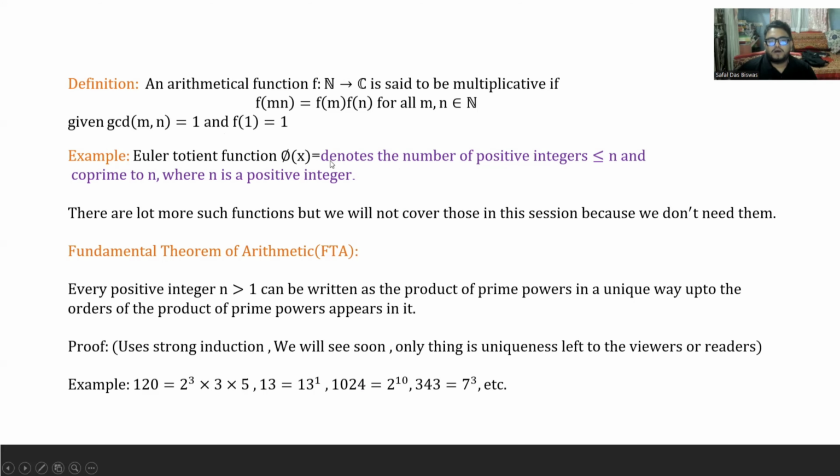That means phi(n) counts the positive natural numbers less than or equal to n such that those numbers share GCD 1 with n. That means if you take a number a less than or equal to n, phi(n) counts that a if GCD(a, n) equals 1.